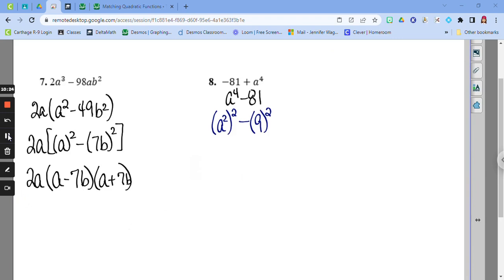So I'm going to have a squared minus 9 and a squared plus 9. Now only one of those is still a difference of squares again. So this one, not a difference of squares.